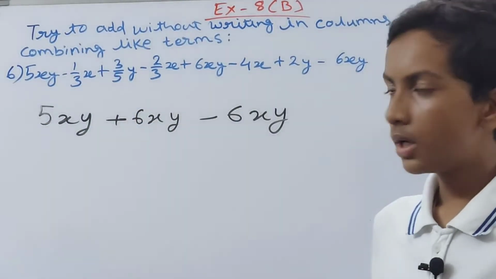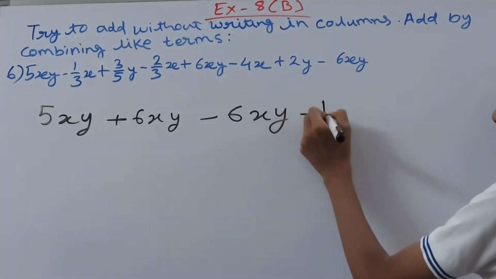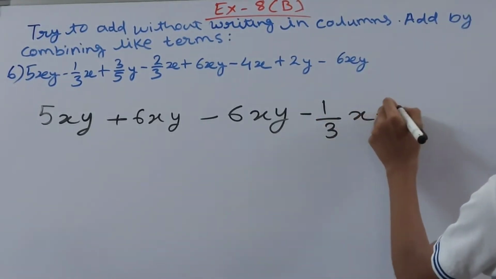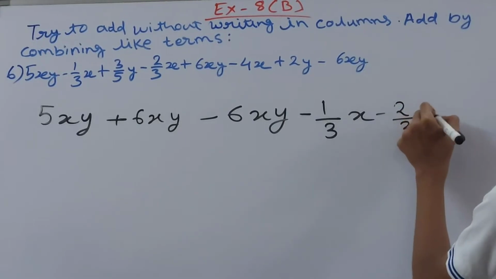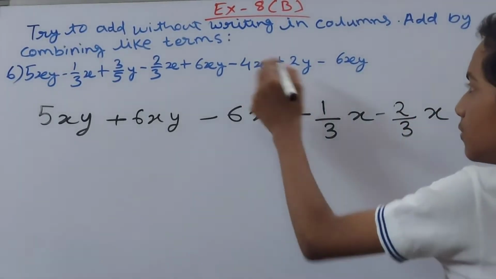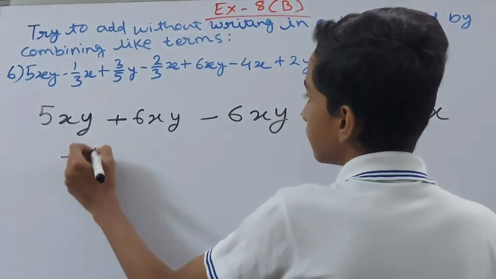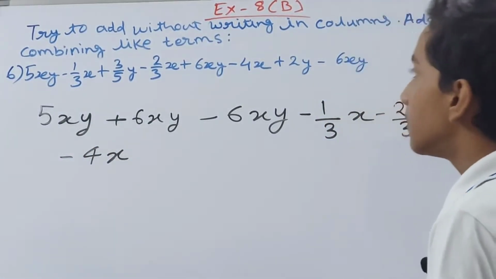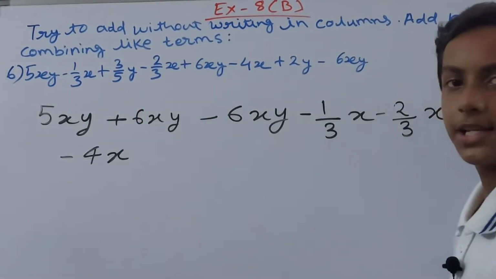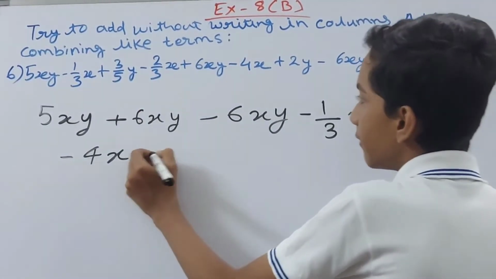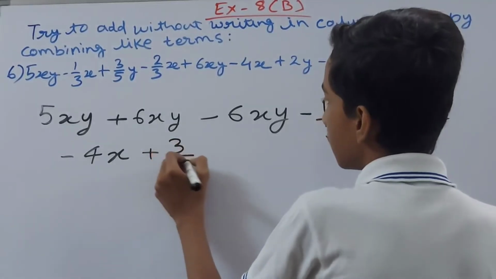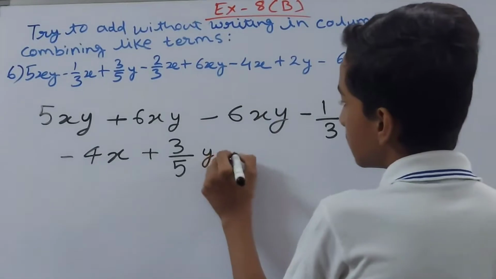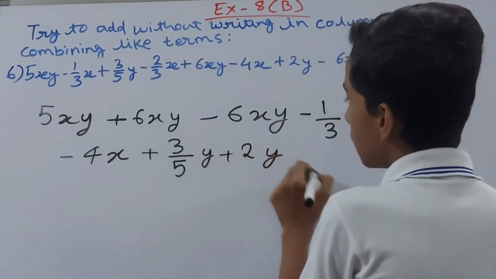In this also, terms with x in the variable part: minus 1 upon 3x, then minus 2 upon 3x, and then minus 4x. Any other terms? No, just these. Now the terms with y as their variable part: plus 3 upon 5y, and then plus 2y. So this is easy.